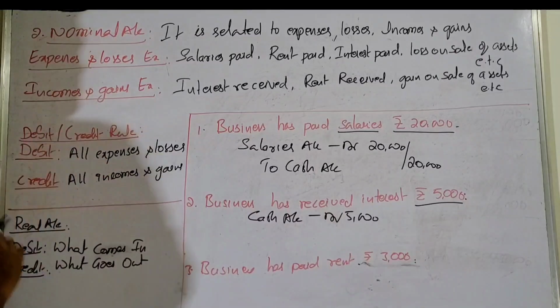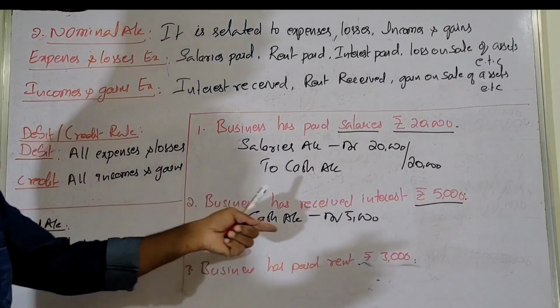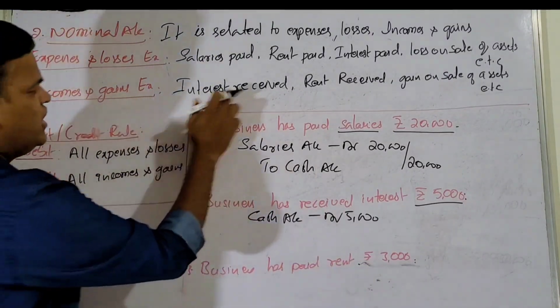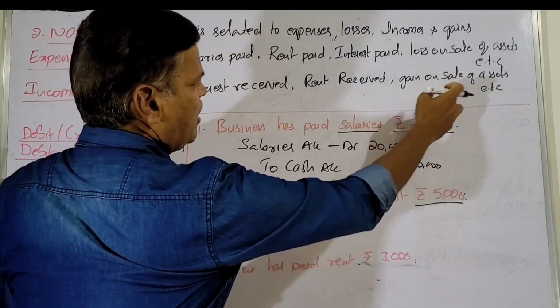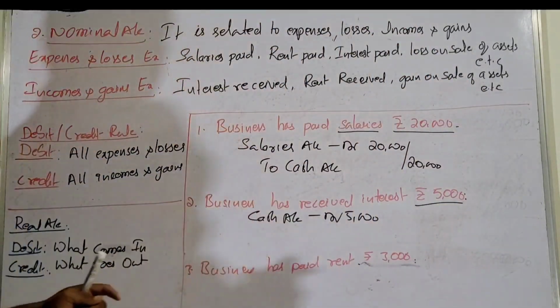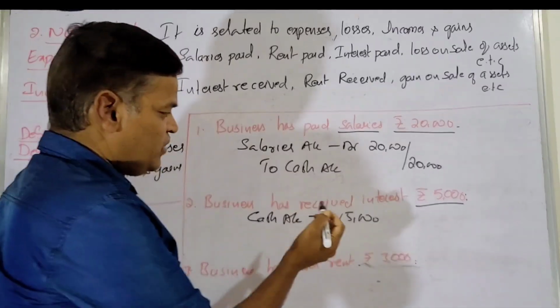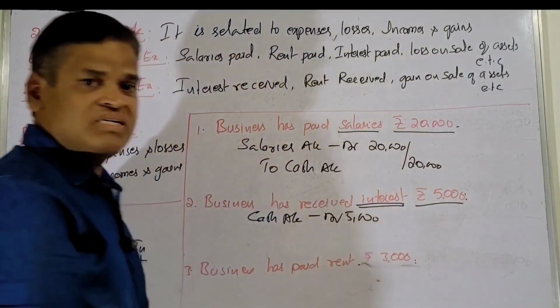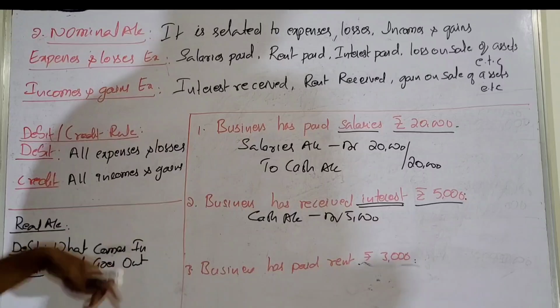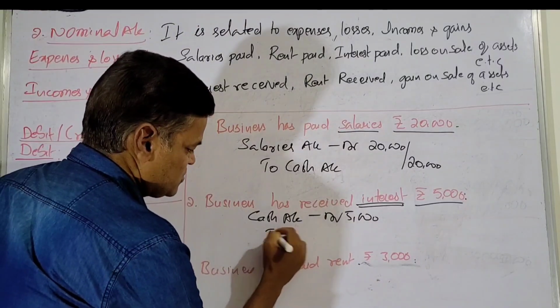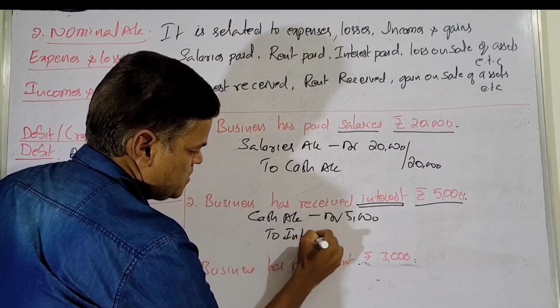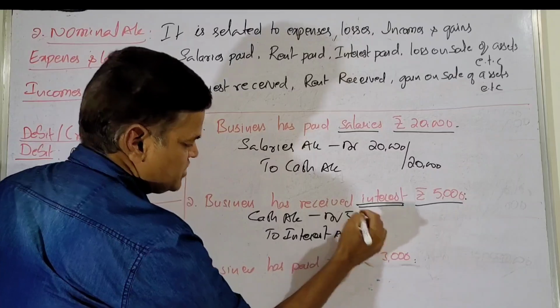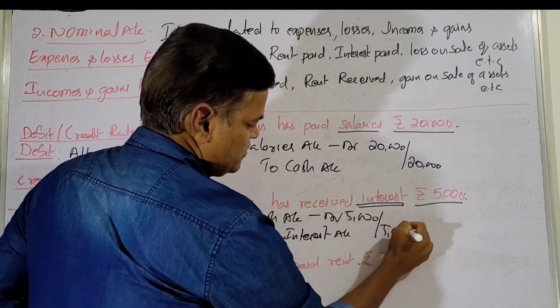All incomes and gains. In this, is there any income? We know the examples of income: interest received, rent received, or gain on sale of asset, right? So here, we have an income. What is that? Interest is an income. Hence, we have to write interest account. What is the amount? 5,000.